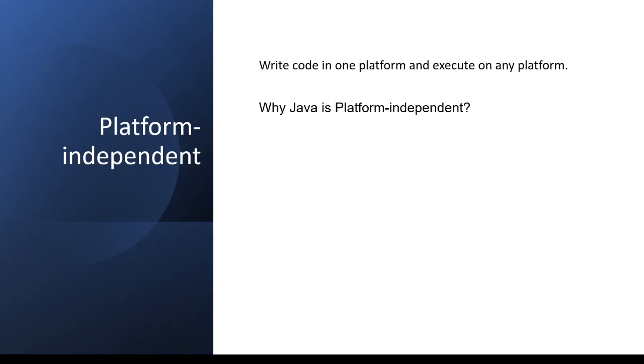The exe file generated in Windows should run only in Windows. So that is platform dependent. But in Java, it is not like that. When we compile and generate a class file, that class file can be transferred to any other OS and executed. That's why Java is called platform independent.